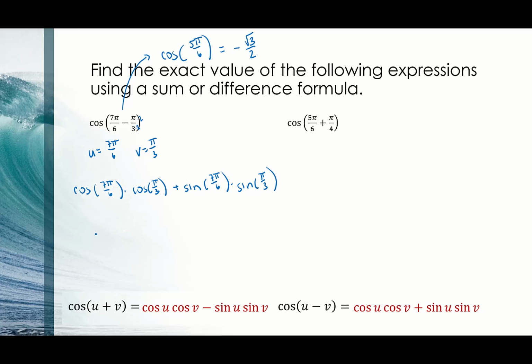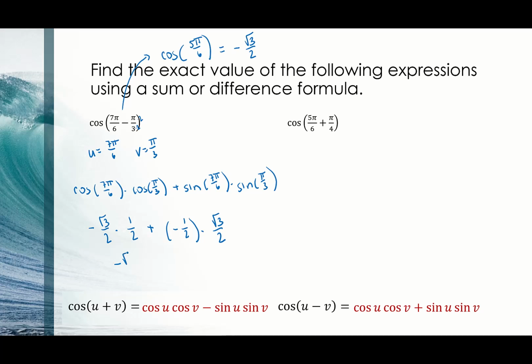Cosine of 7 pi over 6 terminates in quadrant 3, where cosine is negative. Reference angle is pi over 6, so it's negative root 3 over 2, times cosine of pi over 3, which is 1/2, plus sine of 7 pi over 6, that is still going to be negative because sine is negative in quadrant 3. That would be negative 1/2, times sine of pi over 3 will be root 3 over 2. And we're going to simplify each term and then combine them.